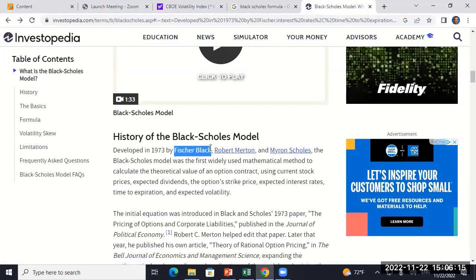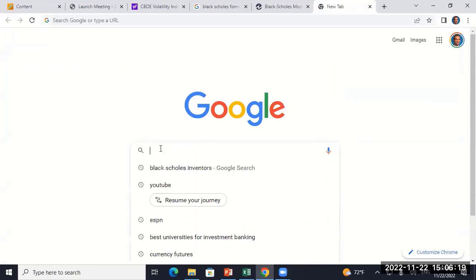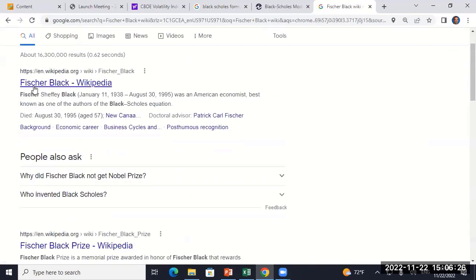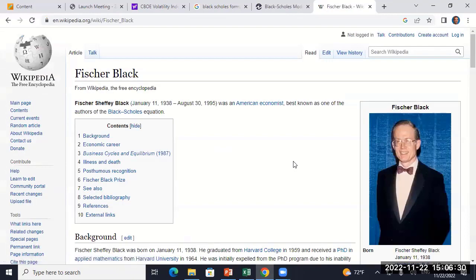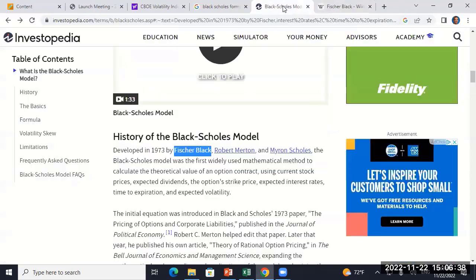So Fisher Black. I don't know if they won Nobel Prizes for this. I don't think they did. Oh, he's passed away. Oh, a long time ago, didn't he? Wow, he died. Trust me, that's young. I don't think it is, but 57 is very, very young.